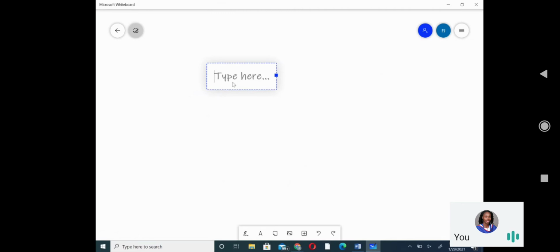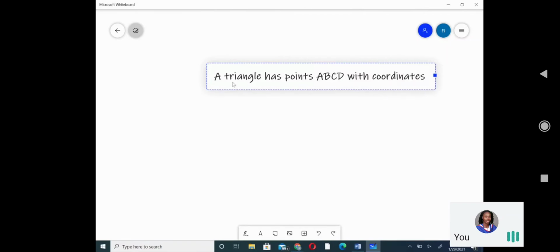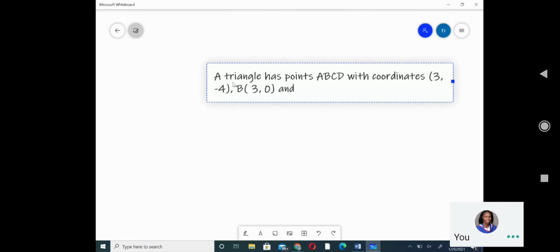A triangle has points A, B, C, D with coordinates A, 3, -4, B, 3, 0, and C, -4, 4.